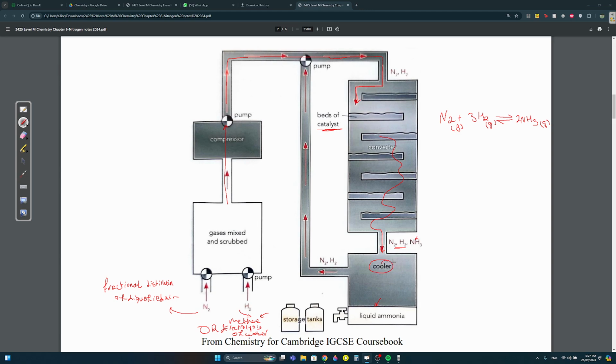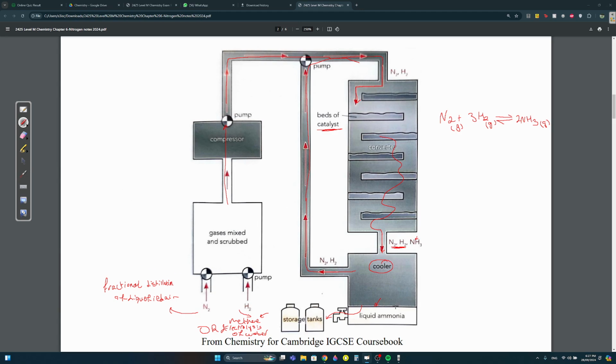When you cool something down, the one with the lower boiling point will condense and flow out. But N2 and H2 don't have a low boiling point, so they remain gases. What are they going to do? They continue flowing back up, and then they repeat the process. This keeps happening until it runs out of N2 and H2. Do you get what I'm trying to say?